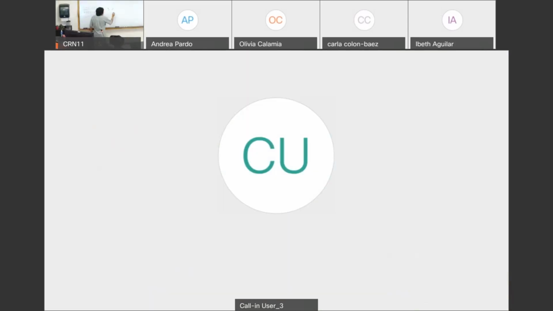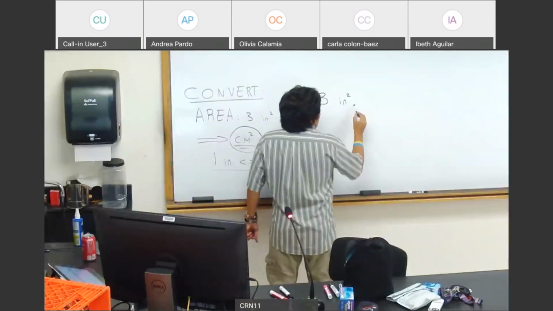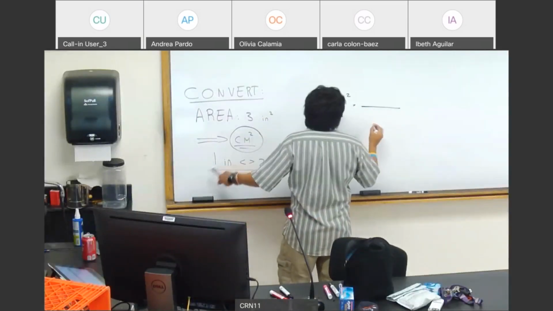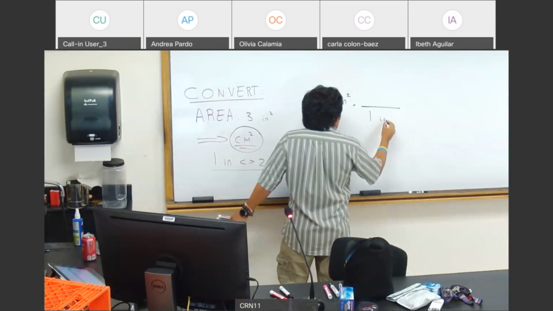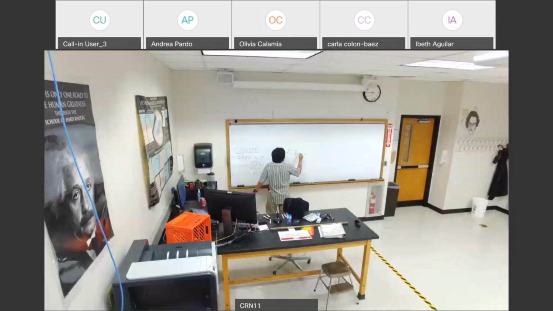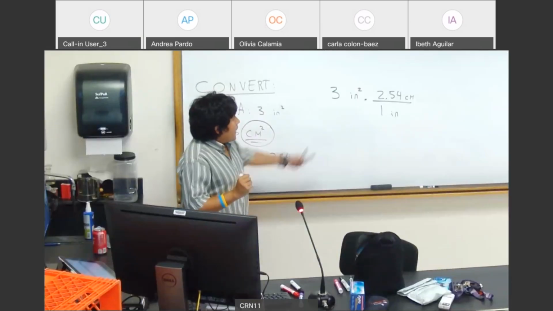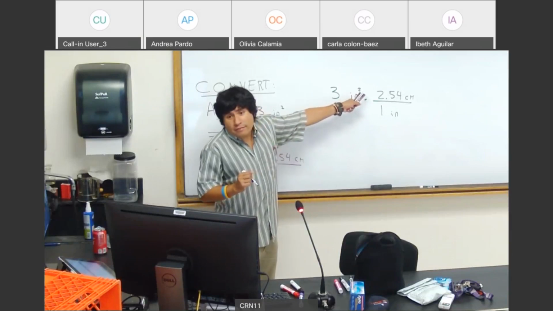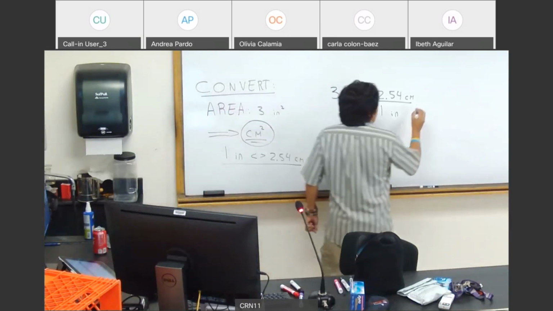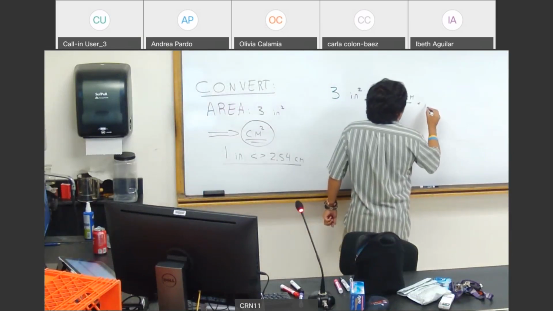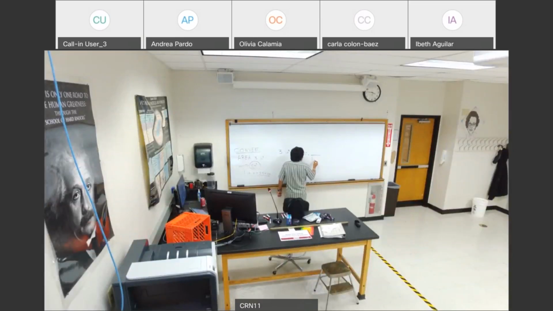and then you're going to multiply by 1 inch is 2.54 centimeters. But I have inches square. So what I need to do is multiply again by 1 inch is 2.54 centimeters.